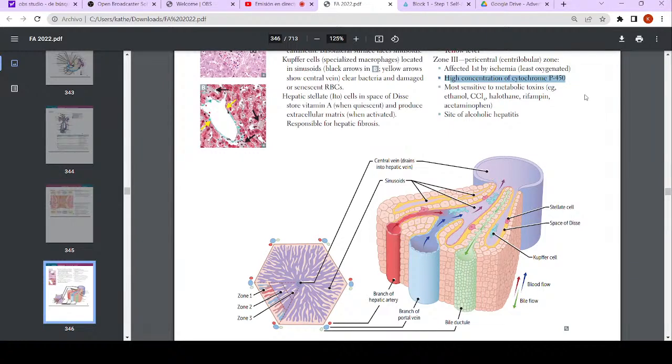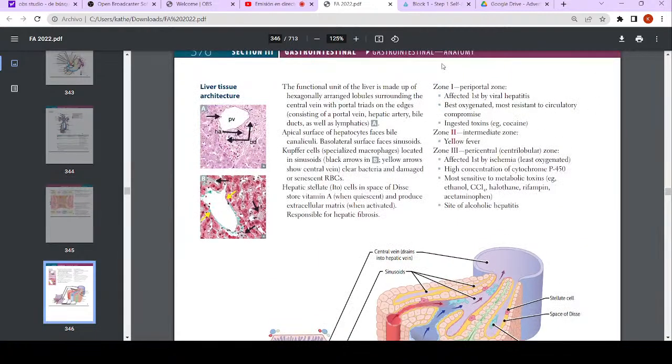So this is the answer, right? It's the pericentral or centrilobular zone, and it's most sensitive to metabolic toxins like ethanol. So here we have all the answer of this question. I did it wrong because I didn't remember this stuff, but now I know there's something they can ask.